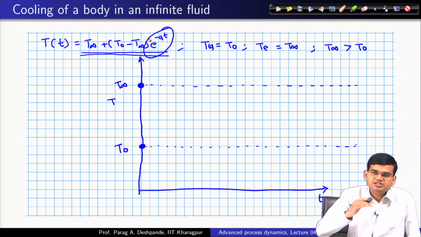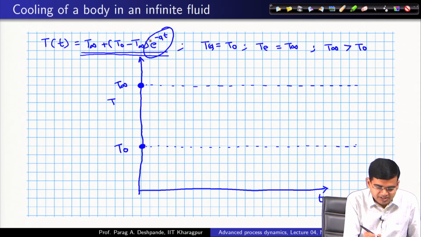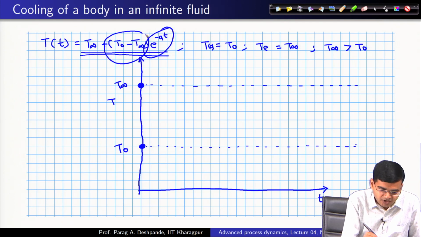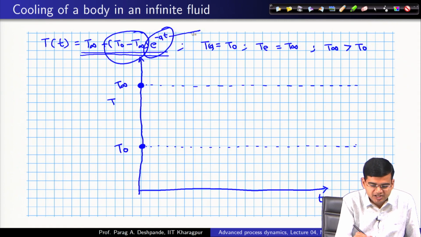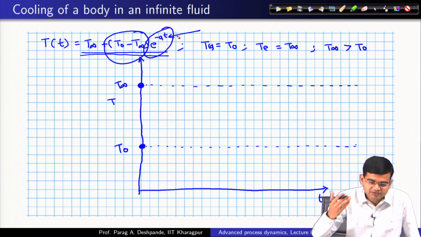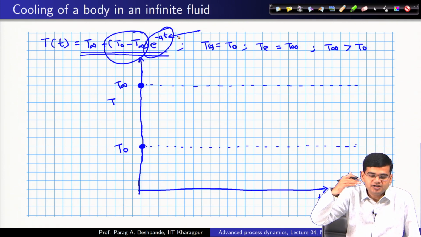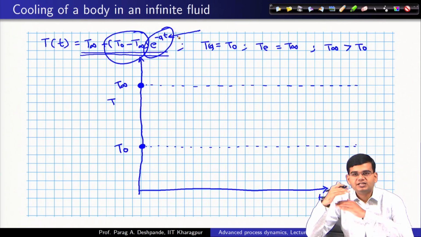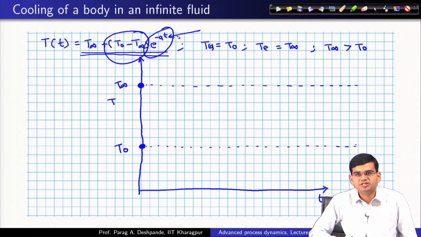You will start with T 0 and your ultimate value T infinity is reached by multiplication of T 0 minus T infinity by an exponentially decaying function. This is how we understand the equation. Well, you can understand the equation in other terms. You start with T infinity and then you keep on adding the difference, but the difference itself keeps on reducing exponentially with time.